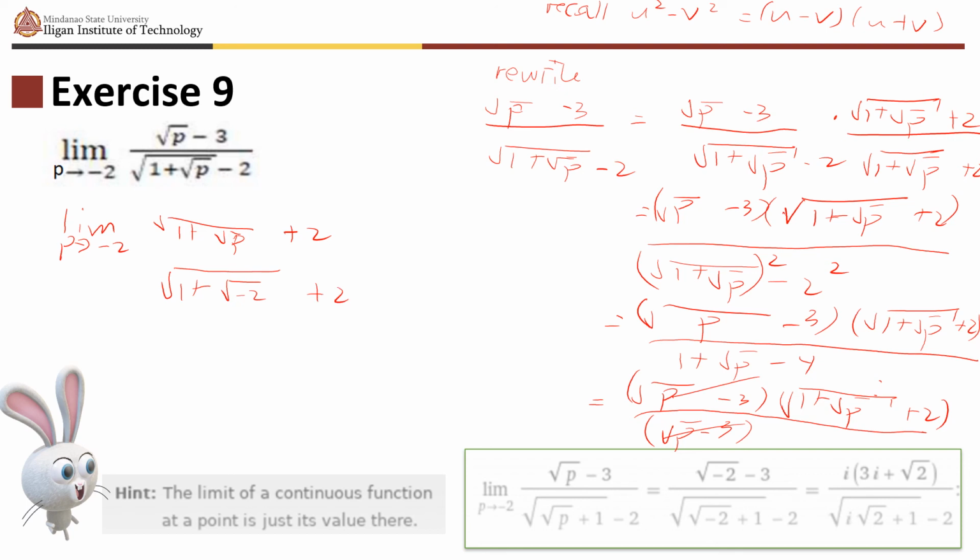Or if you make use of complex numbers, this can be rewritten as the square root of 1 plus square root of 2i, plus 2.